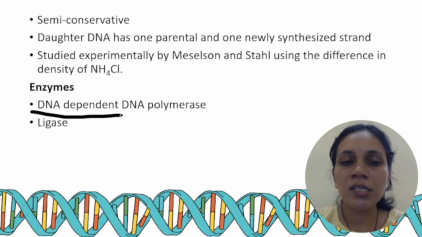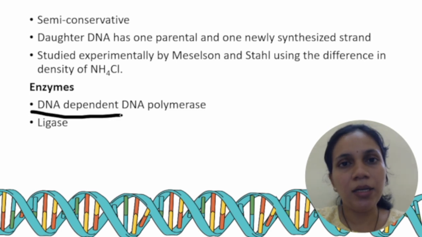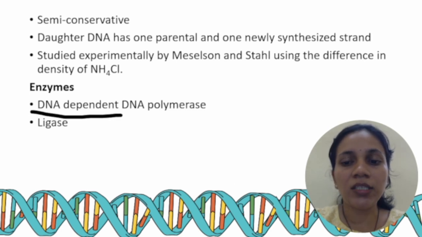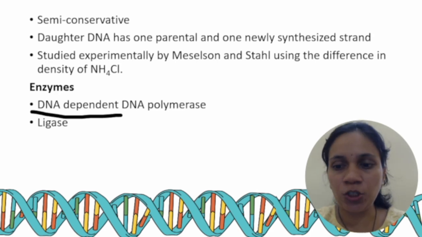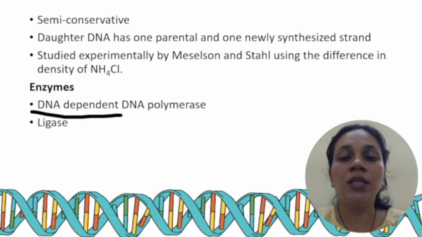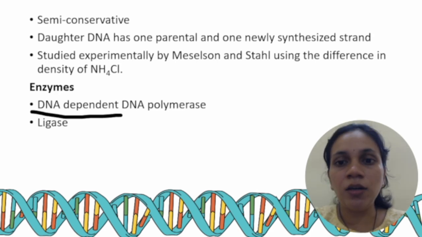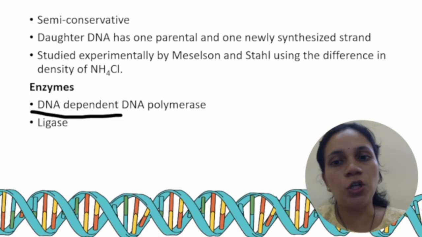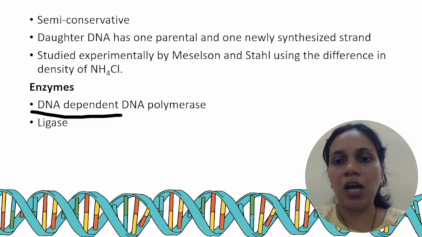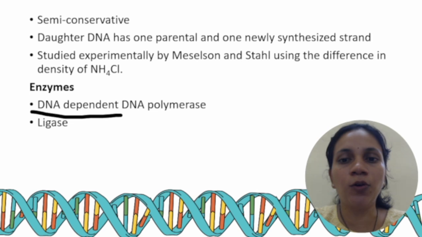Fine. So now this DNA dependent DNA polymerase is a highly efficient enzyme. So why am I saying it is highly efficient? Because it can replicate the entire length of DNA within a short duration. So that makes it highly efficient. Okay, a very good candidate.